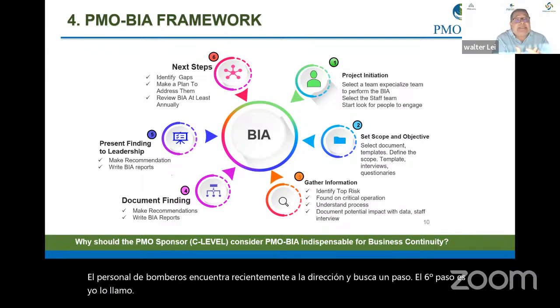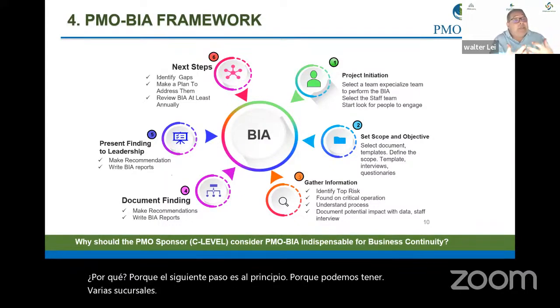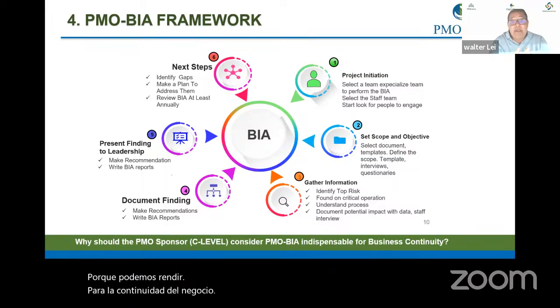Why? Because the next step is at the start, because we can have several branches. We can perform a disaster recovery, we can perform a review for business continuity, we can identify gaps. So that's the reason why we call it next step.